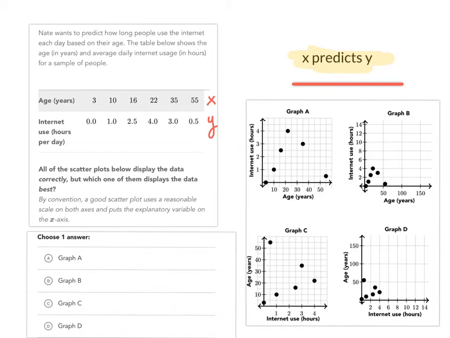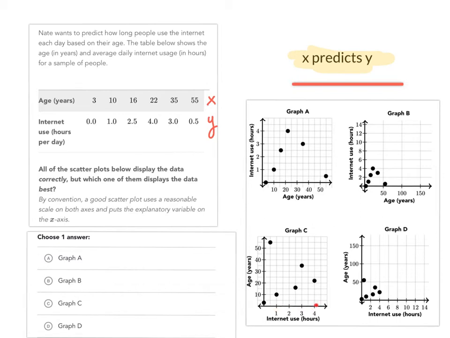In the last video, we learned that our x variable should be along the horizontal axis. So when we take a look here, age should be along the horizontal axis. That means graph A is a possibility. Graph B is a possibility.